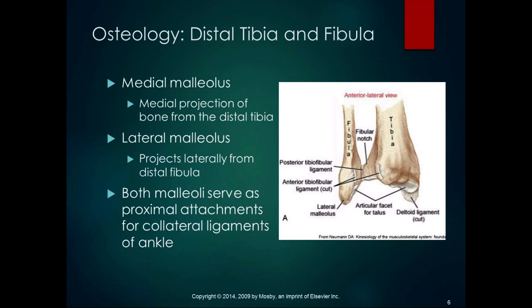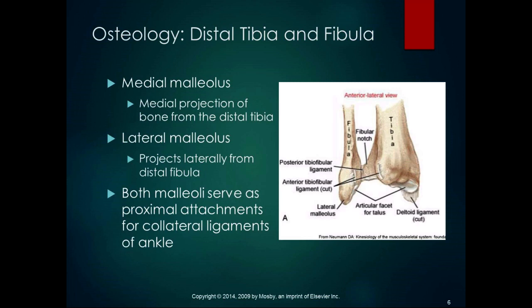They also act as attachments and pulleys for a lot of the extrinsic muscles that attach in the lower leg and go down to the foot. And you can often tell the action of a muscle, when we talk about muscles in a little bit, from its relationship to the malleoli. So you can think of a line through the medial and lateral malleolus as the medial lateral axis, and if a muscle runs posterior to the medial lateral axis, it's going to have a line of pull for plantar flexion.